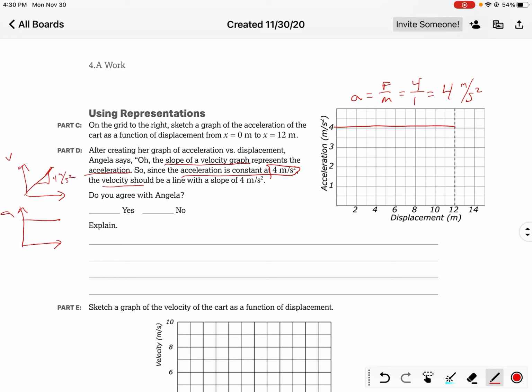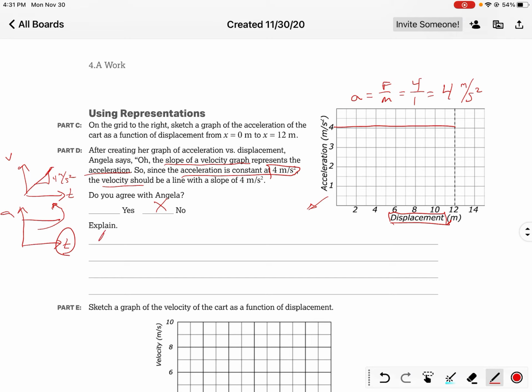What's the problem? Well, the problem is that she's mixing up an acceleration-displacement graph with an acceleration-time graph. The acceleration-time graph being constant causes the velocity-time graph to be a straight line with a slope equal to the acceleration. That's not what we have here. Really, we can't get any information directly from this graph.